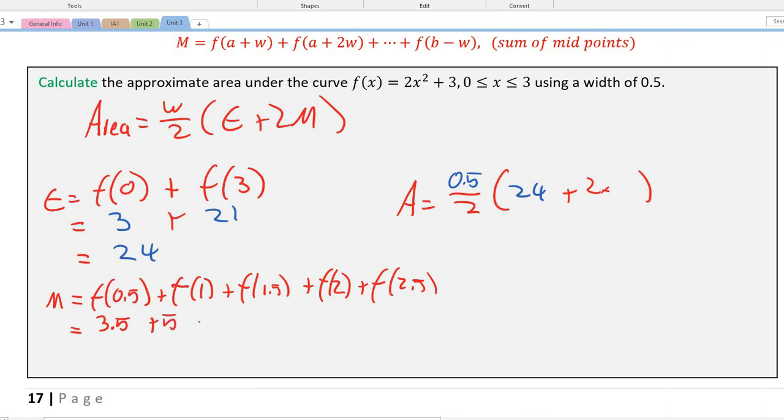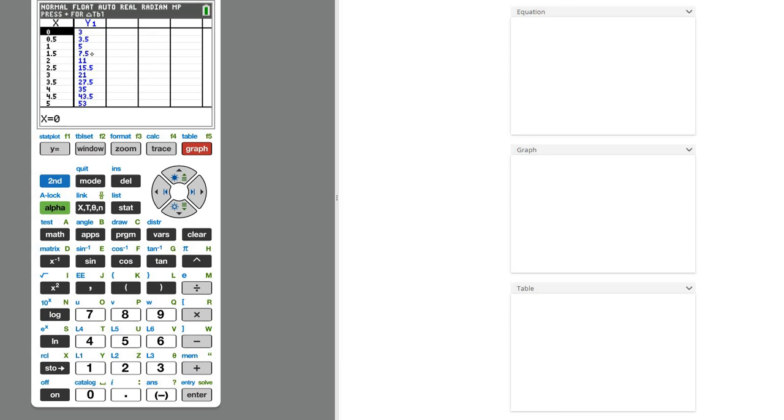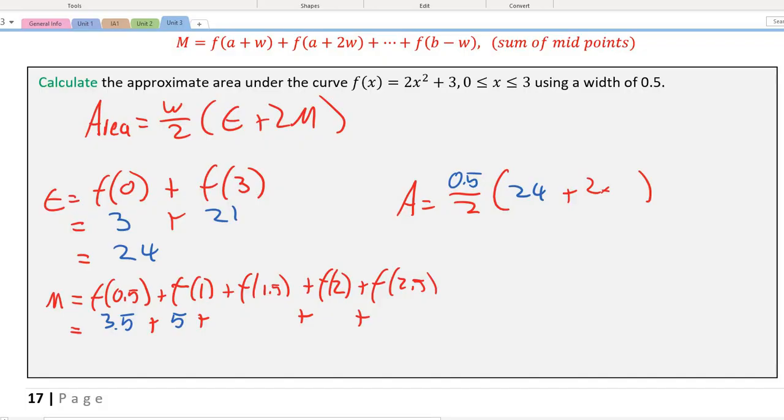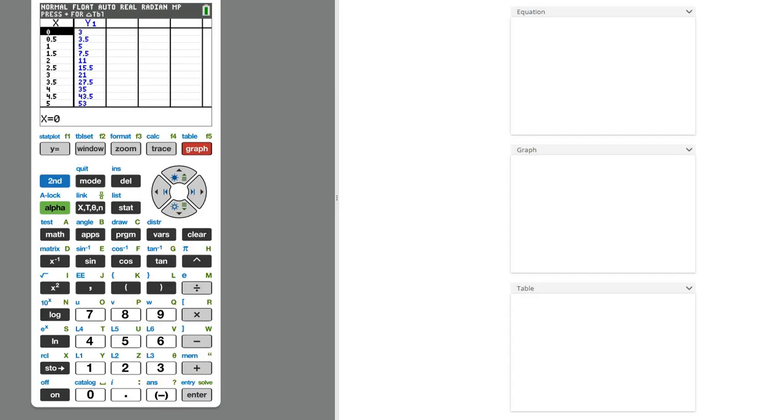3.5 plus 5. So I should be doing that in blue, shouldn't I? So now we need 1.5, 2, and 2.5. 1.5 is 7.5, 11, and then 15.5. Let me just check that. 7.5, 11, 15.5.